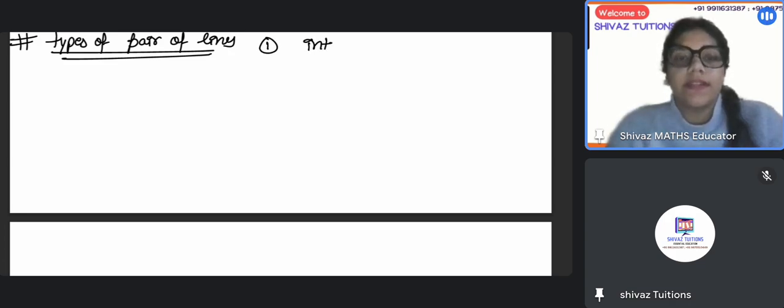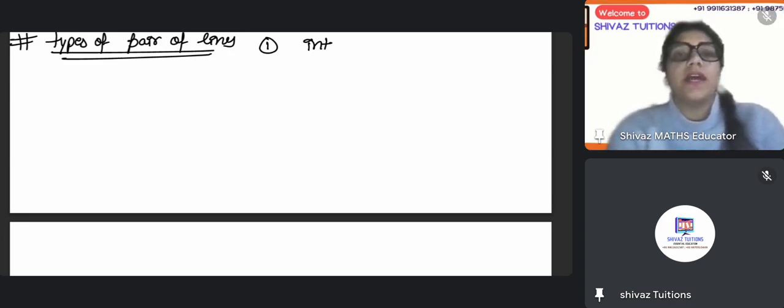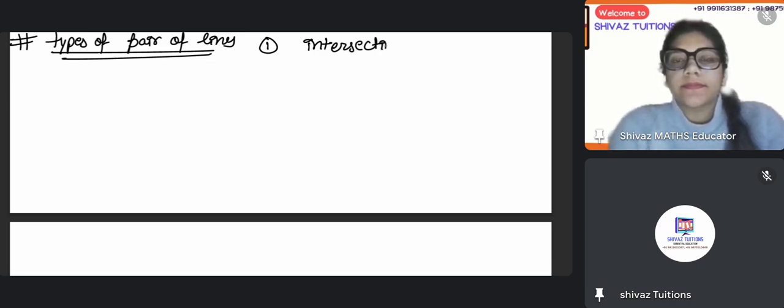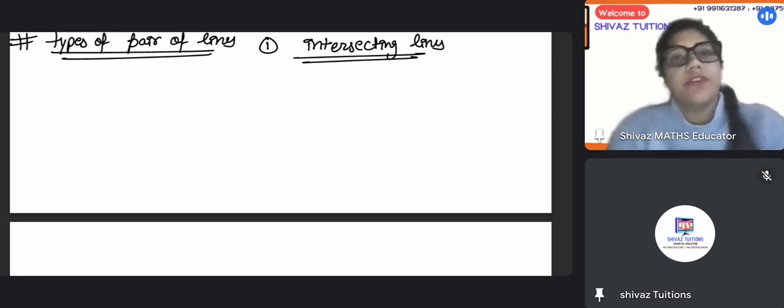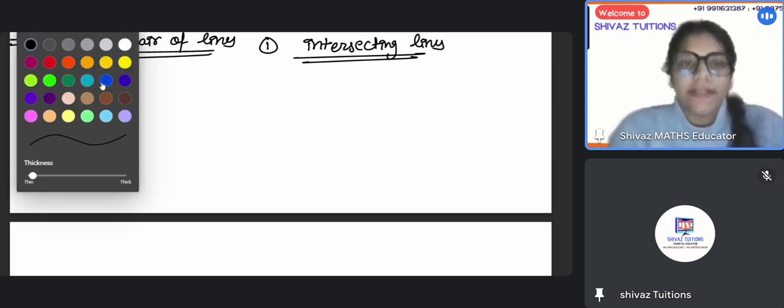Anyone know what intersecting lines are? If two lines are touching each other. Very good. If two lines are just crossing each other, they are called intersecting lines.